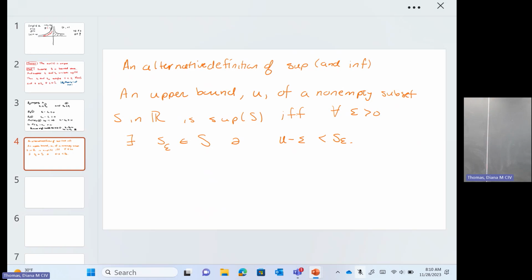Does anybody have their sheet with them? What was the first question on it? Is S bounded in R according to the definition? Okay, I recorded class, so I'm going to leave this up so you can see it.